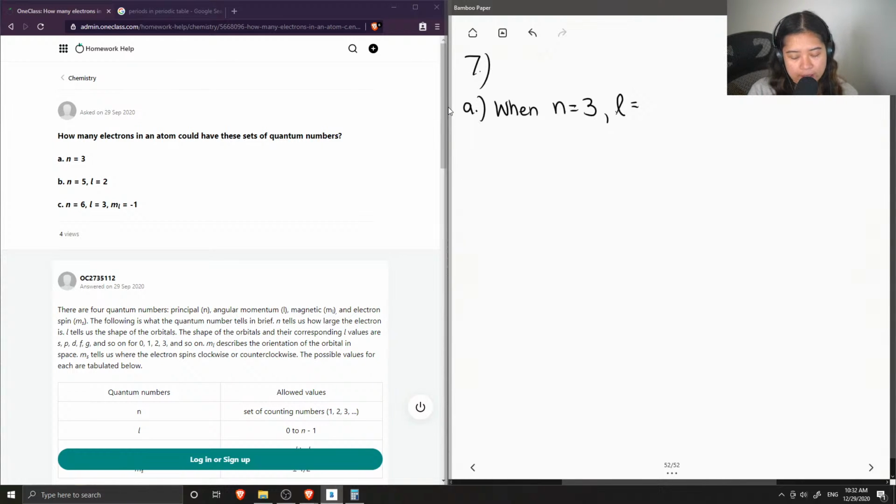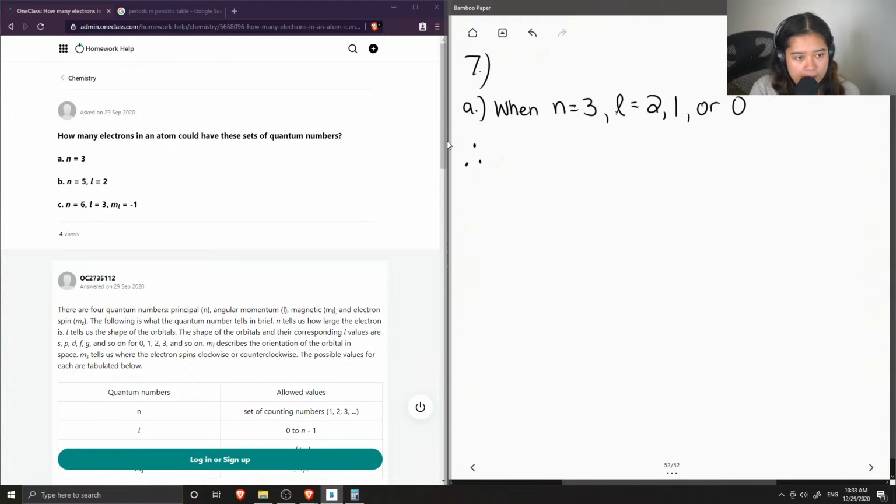So this means that our L values are all the values that are less than 3. So L can be either equal to 2, 1, or 0. So those are all of our L values.